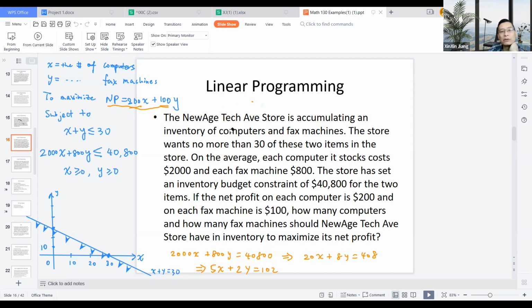If you treat it like an equation, you divide both sides by 100, you can, but then you would have NP over 100 equals 2x plus y. That's really messy. We don't want to do that. So as a simple rule, do not simplify the objective function. Just treat it as a function, leave it there.